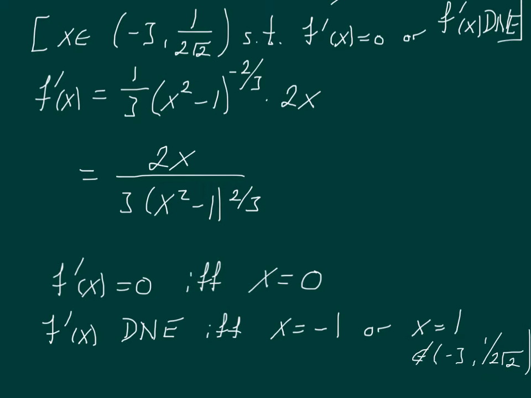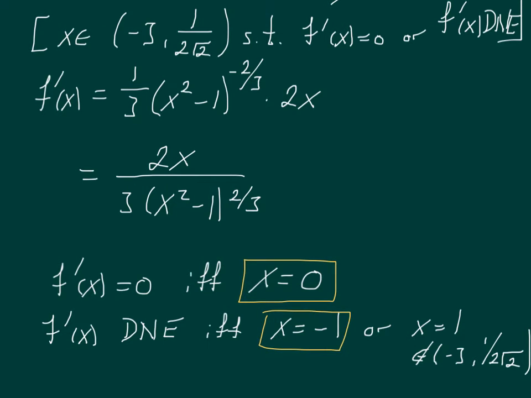So in fact, the critical numbers that we were looking for in this interval, those numbers x where the derivative was 0 or didn't exist, are exactly x equal to 0 and x equal to minus 1.